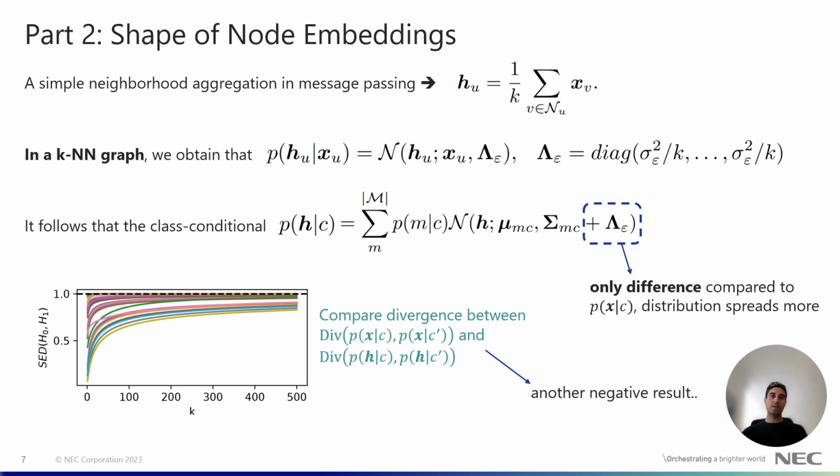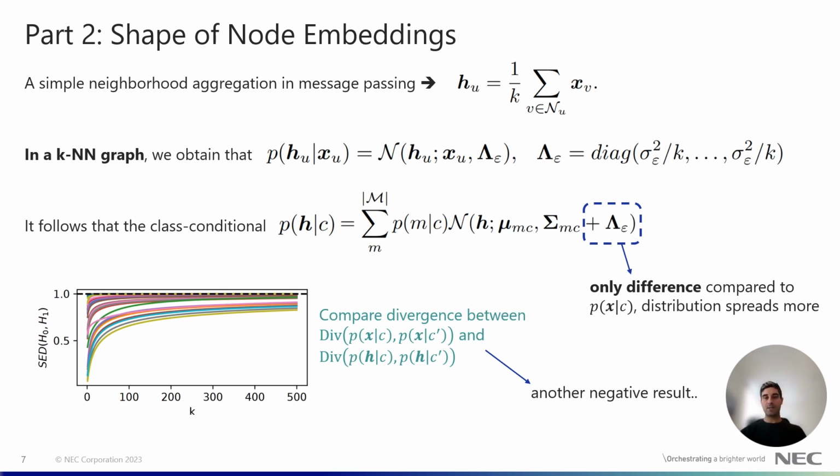It follows from this result that we can compute class conditional embeddings. So we can give the exact shape of the node embeddings of a given class. And surprisingly, this distribution is again a mixture model, which is almost identical to the original class conditional P of x given C, with the addition of this covariance term lambda epsilon.